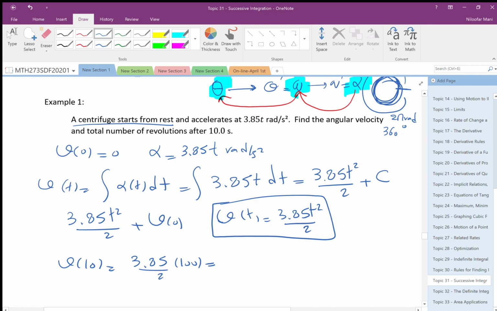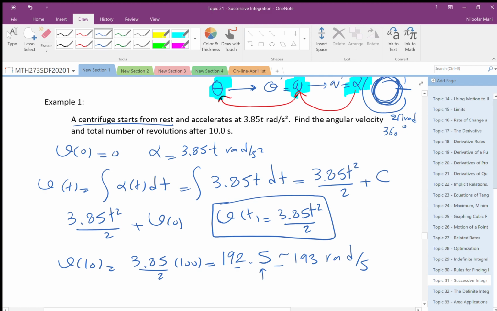On the calculator, it's 3.85 times 100 divided by 2, which is 192.5. So this is 193, and it's velocity, in radians per second.